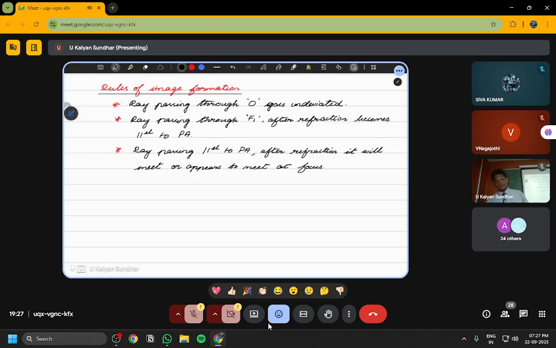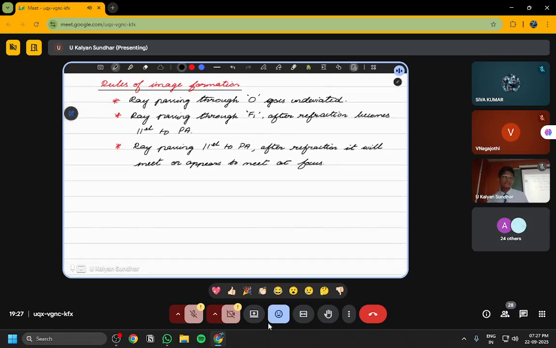So these are the basic rules for the image formation in the lenses, right?